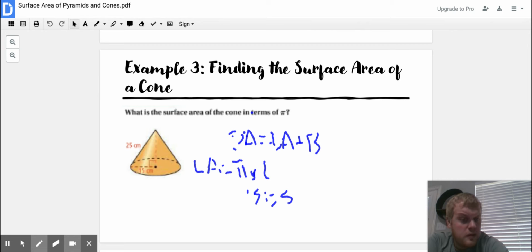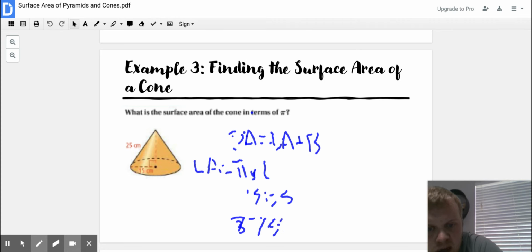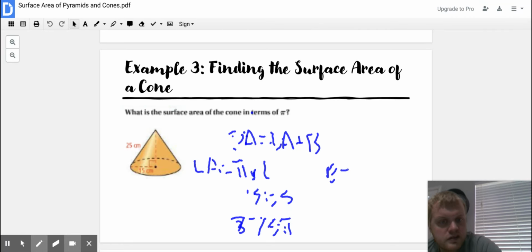Now they want this in terms of pi, so I'm going to leave it just as it is. I'm going to multiply 15 times 25, which gives me 375 pi. There's my LA. To find the area of the base, that's our circle, so the area of a circle is just pi r squared.